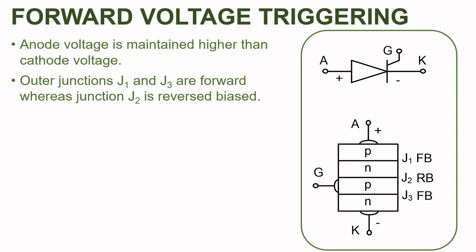As junction J2 is reverse biased, there is a formation of depletion region at junction J2.